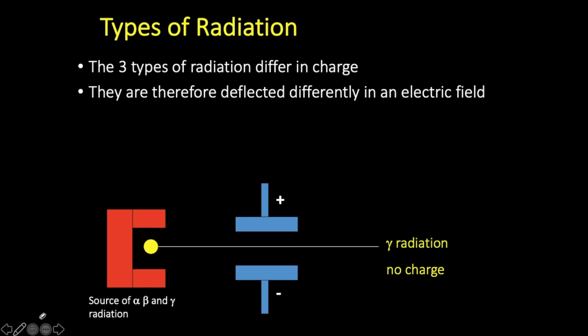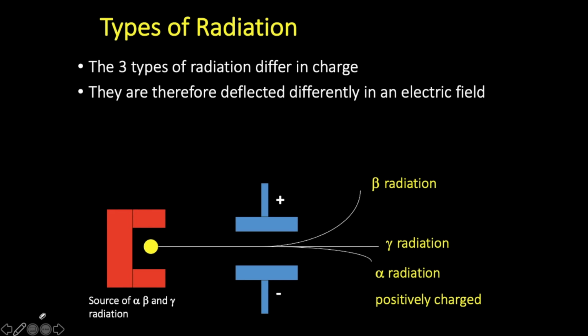So our gamma radiation has no charge, so it will not be deflected in either direction. It will pass straight through the field. Our beta radiation, on the other hand, is negatively charged. It will be deflected towards our positive side. Our alpha radiation, being positively charged, will be deflected towards the negative.